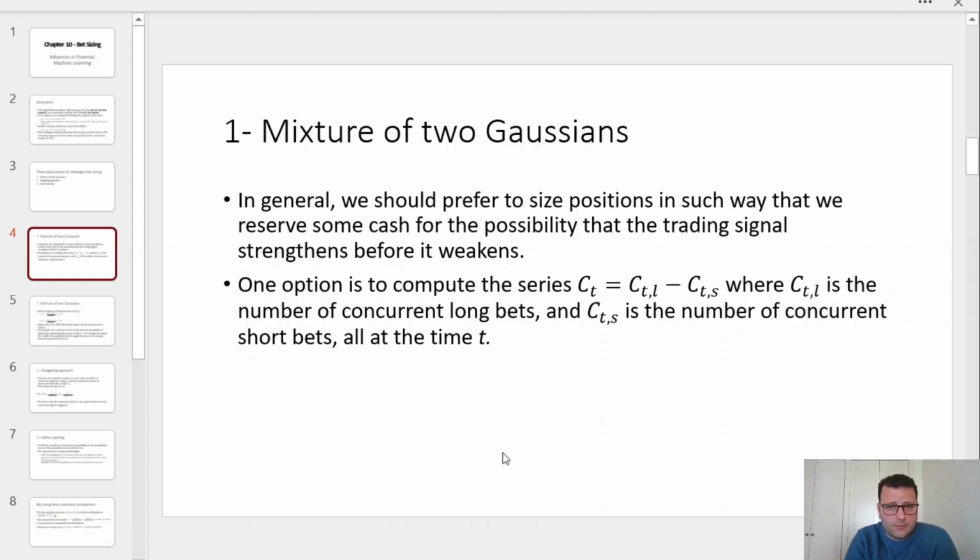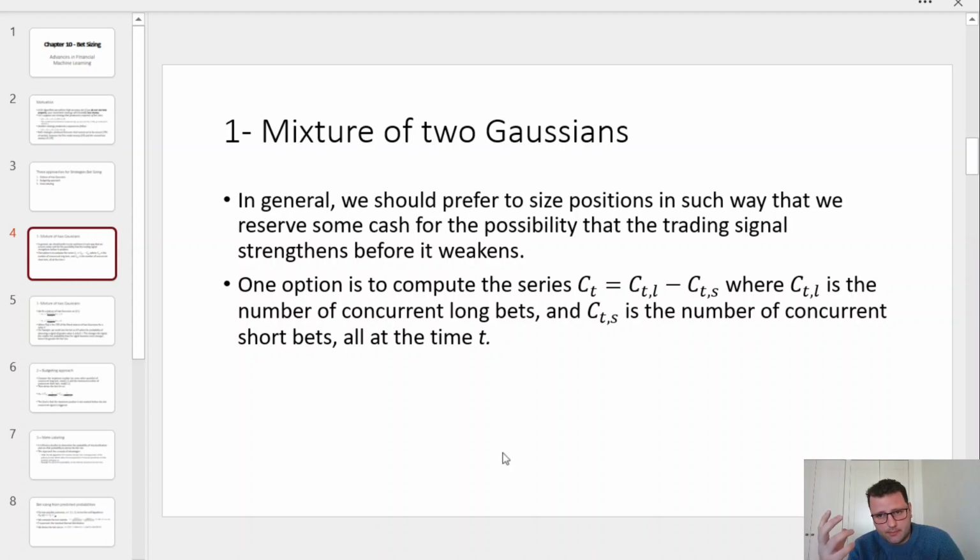Here, in general, we should prefer to size a position in such a way that we reserve some cash for the possibility that the trading signal strengthens before it weakens. So what's the rationale here? Before we have a large position, we might at some time have to take a position that is much bigger than that position should be.